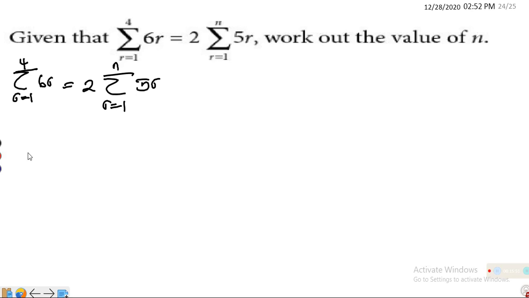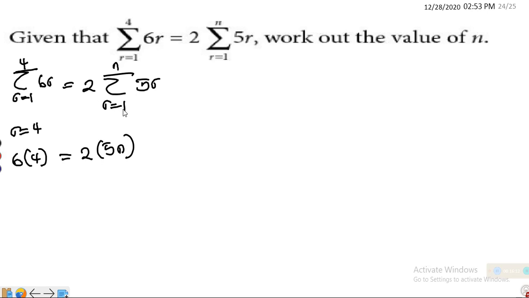Let's take it this way. So we are stopping at 4 here. R equals 4. So we have 6 times 4 equals, up to this one, 2 into 5. 4 is the last term here.